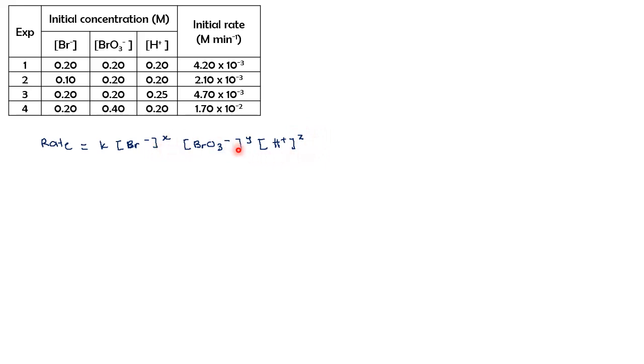So we will determine the unknowns x, y, z in the calculation. First, you need to compare two sets of experiments. We will focus on the first one, which is to determine x.